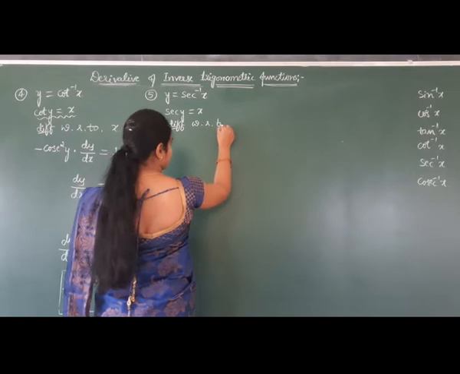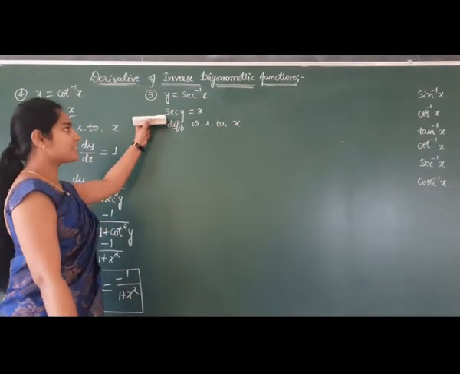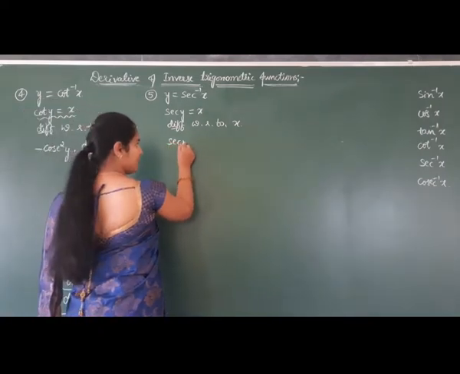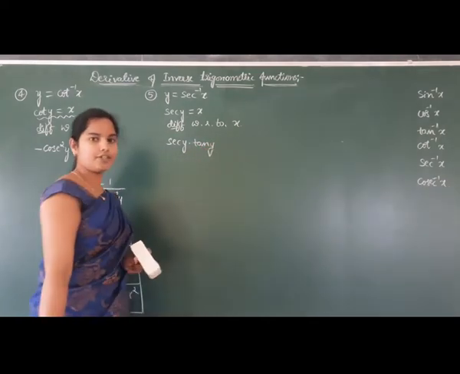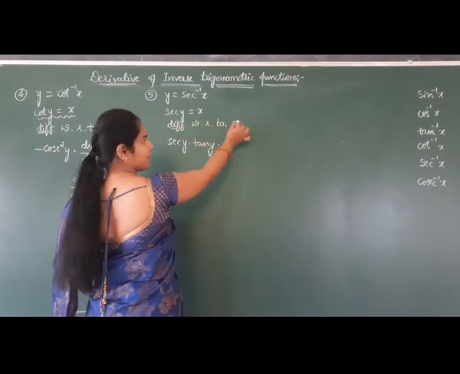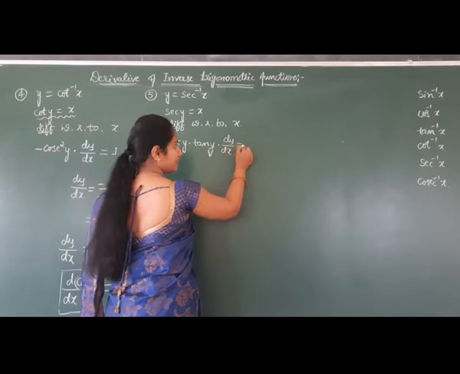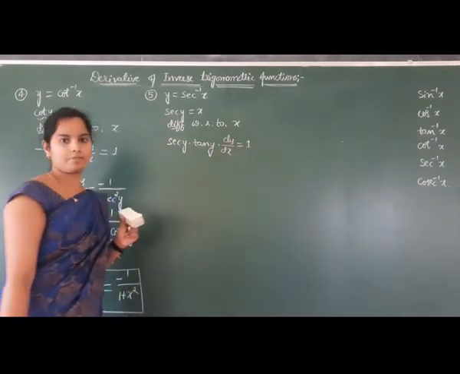Derivative of secant y times tan y times dy by dx is equal to the derivative of x with respect to x, which is 1.